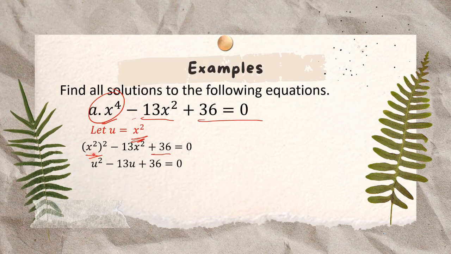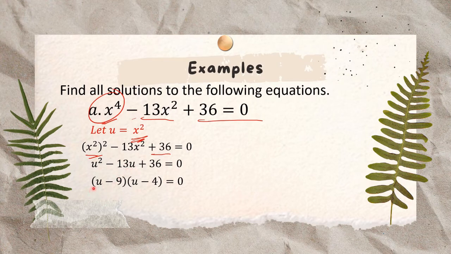Then, since x squared is equal to u, we can write this equation into quadratic form: u squared minus 13u plus 36 is equal to 0. Then after that, let's factor this quadratic equation in terms of u.